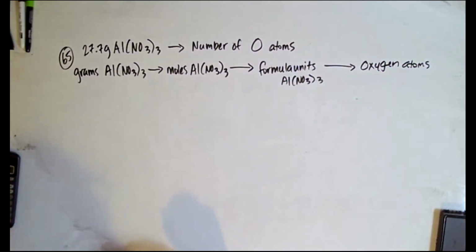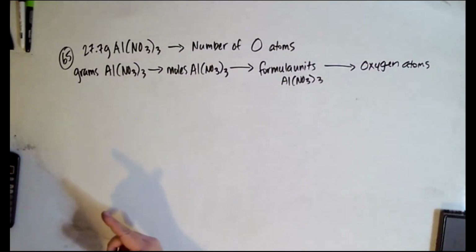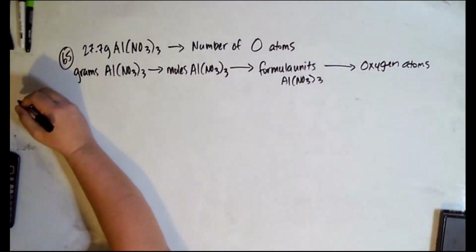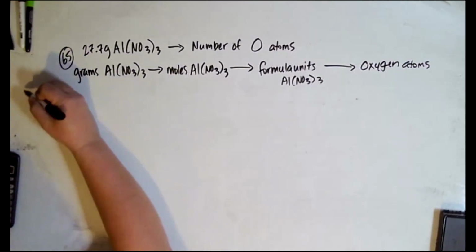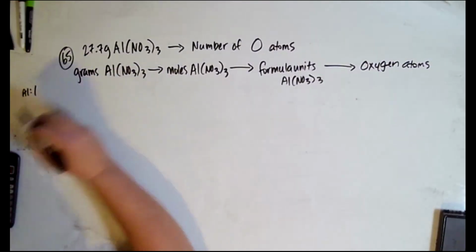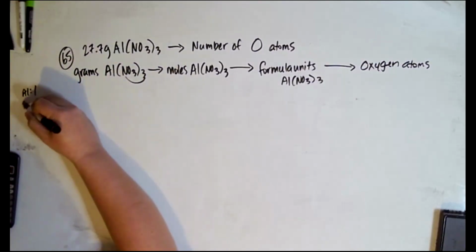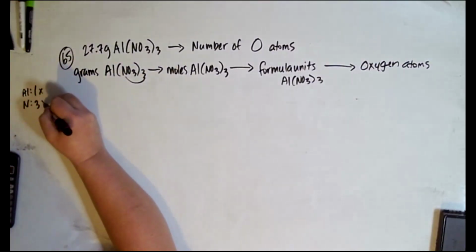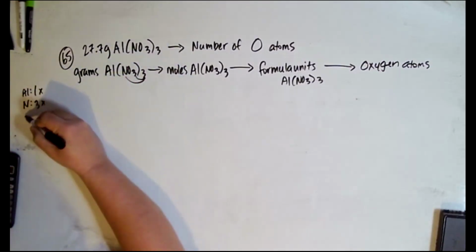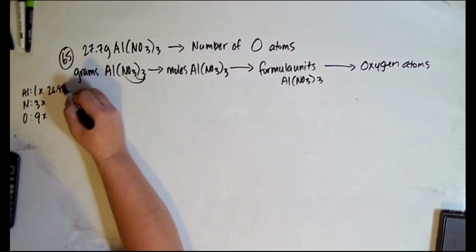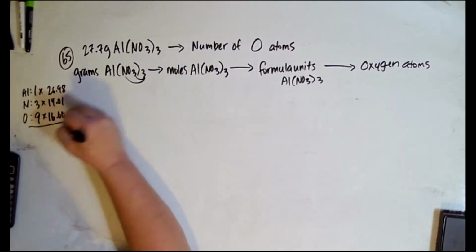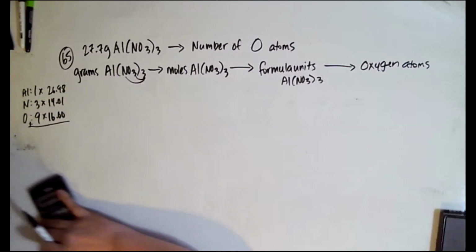Okay, we know we're going to need the molar mass, so let's calculate that out first. From our chemical formula, we know we have 1 aluminum. We have 3 nitrogens. And we have 3 times 3, which is 9 oxygens. Okay, so we'll add all that together.